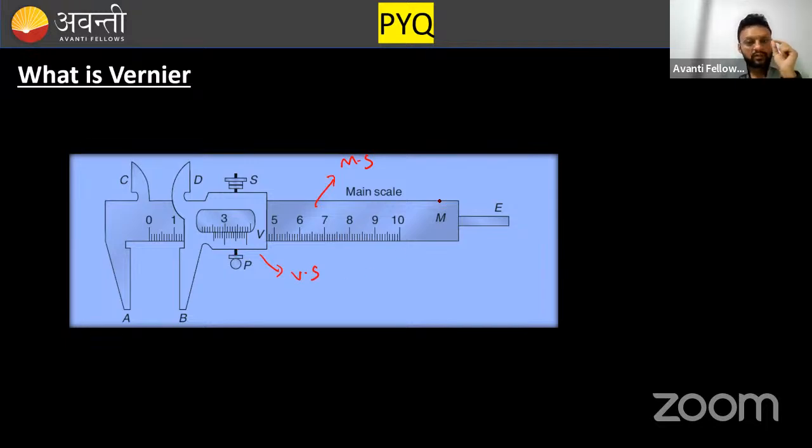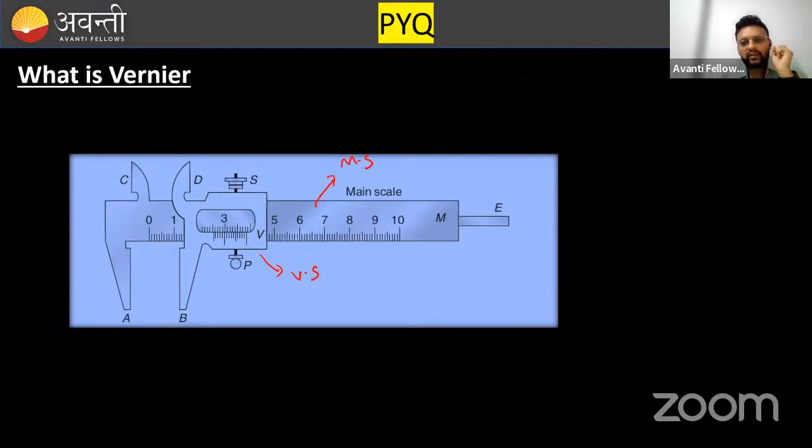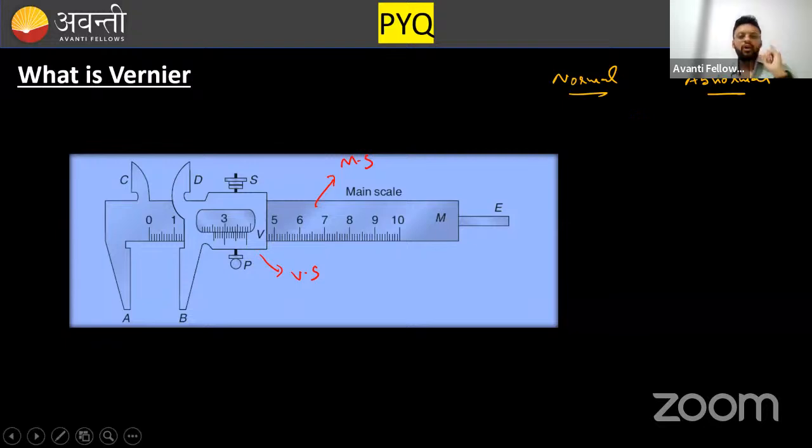Now, if I summarize the things very quickly, there are basically two types of verniers, generally as we call it in physics. One is normal vernier, another is abnormal vernier. First of all, if you don't know the terminology, this main scale has divisions.